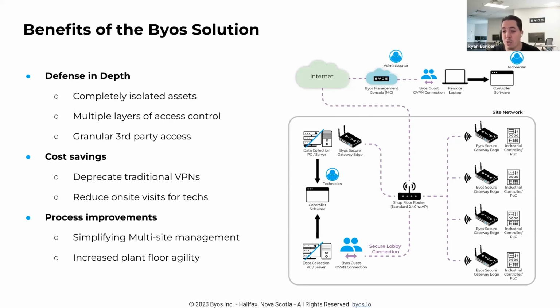But when we look at the return that customers achieve by deploying our solution, the cost savings from a VPN takeout is huge. There are a lot of other business-related benefits that Byos offers. We can reduce the cabling costs on your plant floor to wire up your equipment so that it can receive networking.